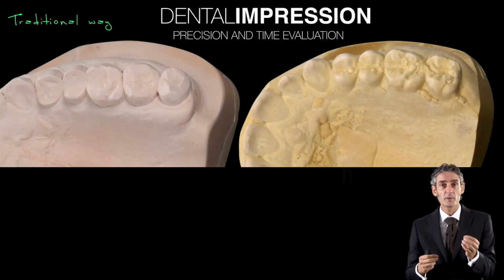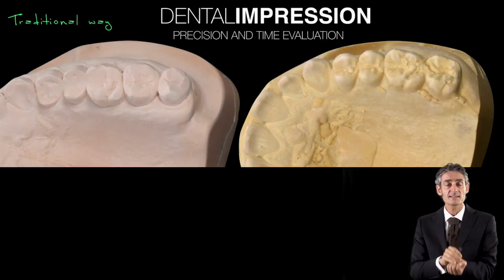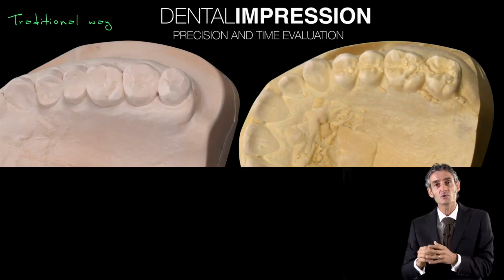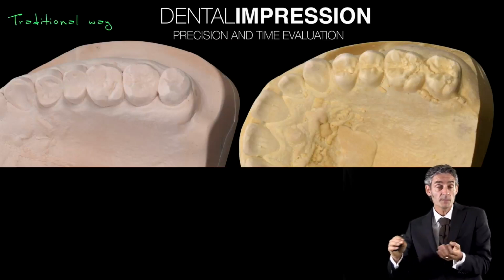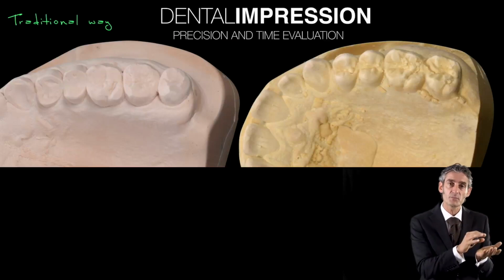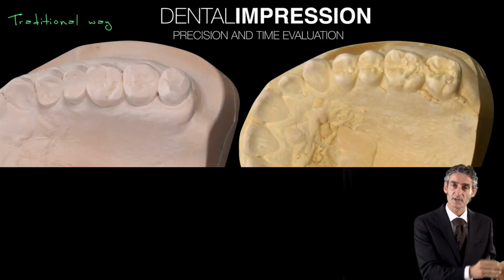And if you have a lot of bubbles, even if it's an antagonist, for sure the technician will have trouble in seating the antagonist on the master cast in a perfect way, and that will come out with some problems also at the biscuit tray. Why? Because we will have a lot of adjustments to do. If we have a perfect impression, we can do everything in a perfect way since the beginning.